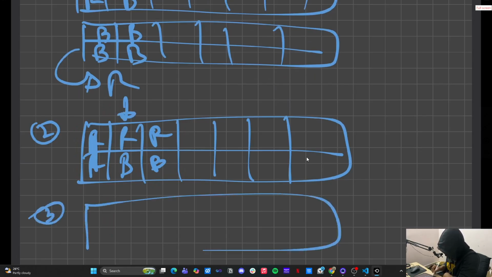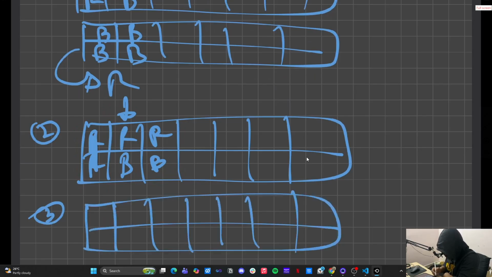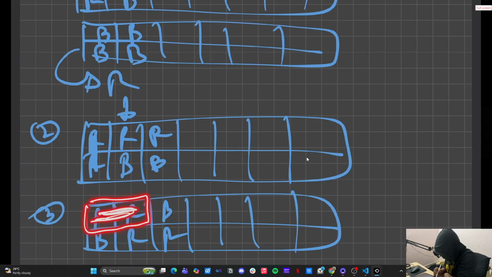Now the third case is like you have red, blue, red, you can say, and you have here blue, red. So in this case, these two are not equal, so you will definitely check this pair, these pairs are equal, so in this case you will not have to do painting.